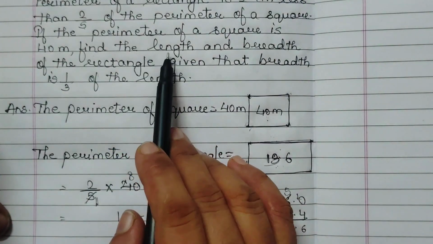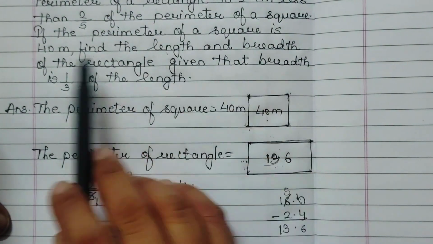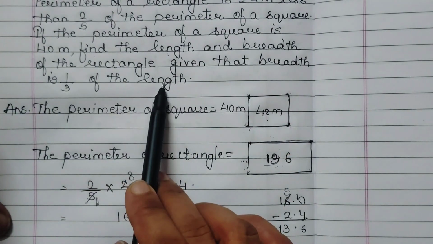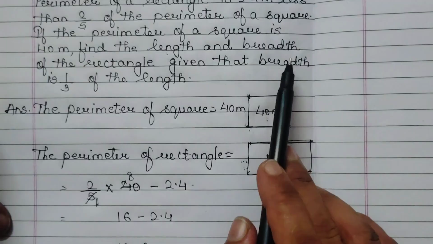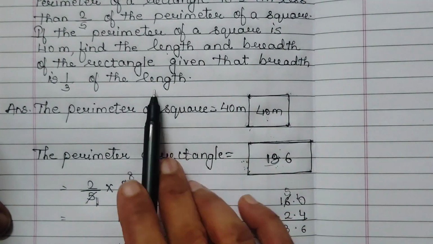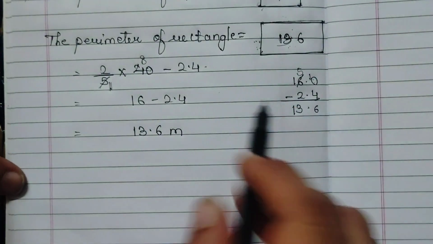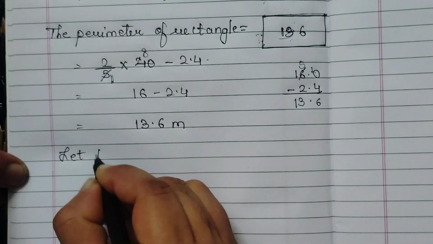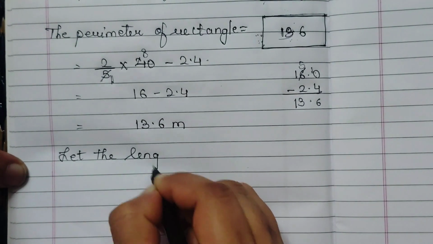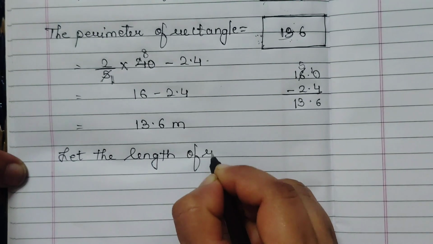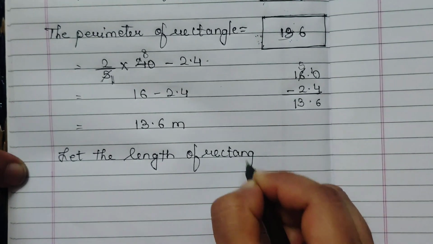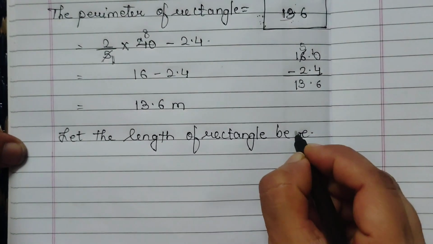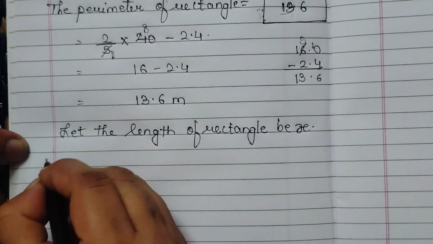Now we are going to find the length and the breadth. They told us this information: find the length and the breadth of the rectangle given that breadth is 1/3 of length. So we have some information about the breadth, that breadth is 1/3 of length. We don't know anything about the length, so let the length of the rectangle be x.